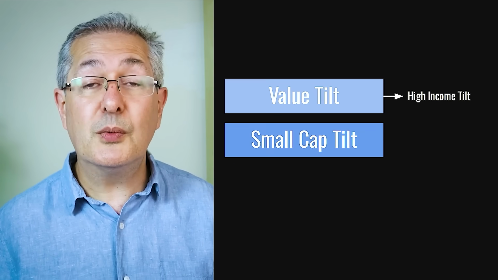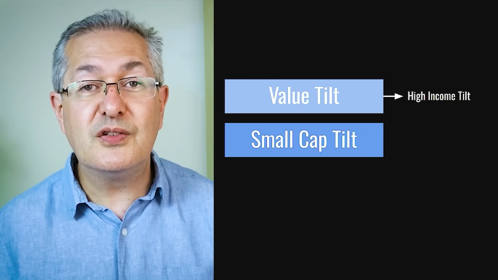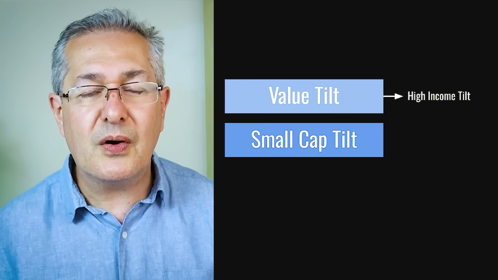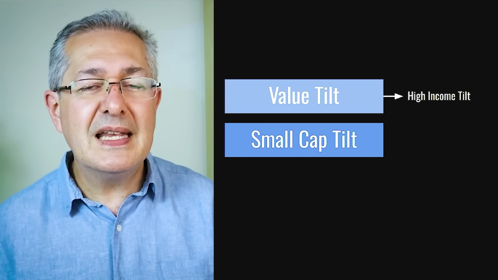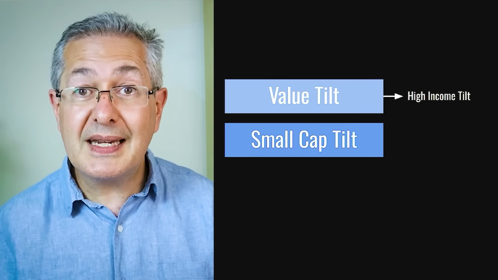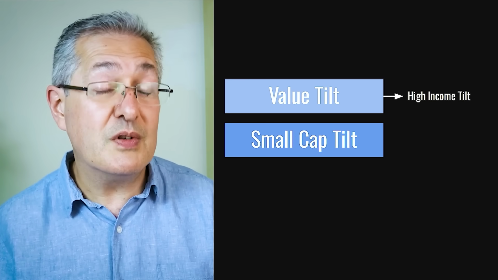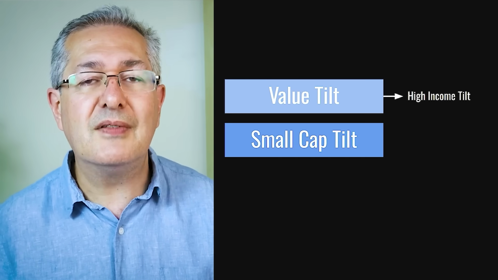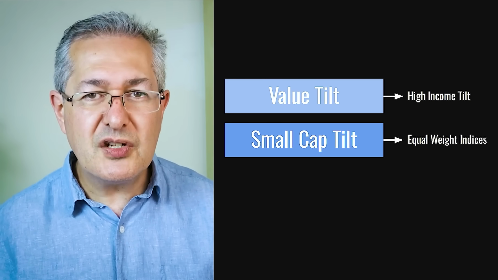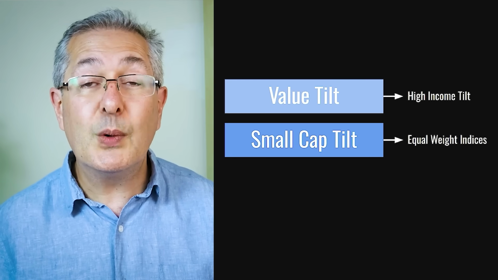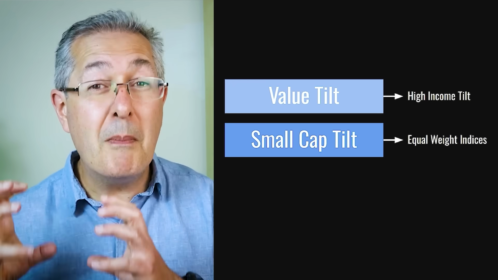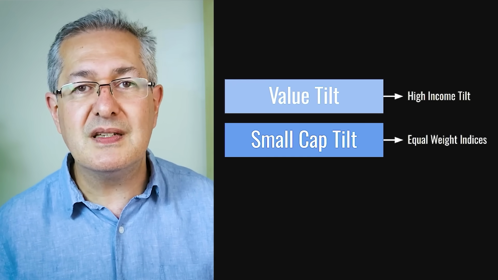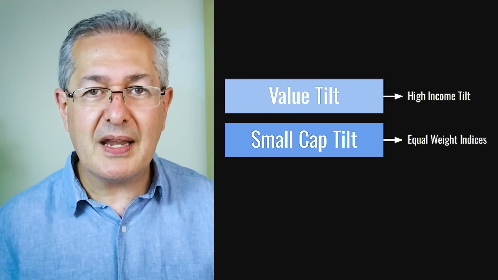Another tilt might be small caps because the US is dominated by very large stocks. So if you go for a global small cap portfolio, at least it'll weed out those US mega caps, which are largely responsible for the US's expensiveness right now. And a variation of that is to go for equally weighted index funds where small caps have a much bigger representation relative to large caps and mega caps.